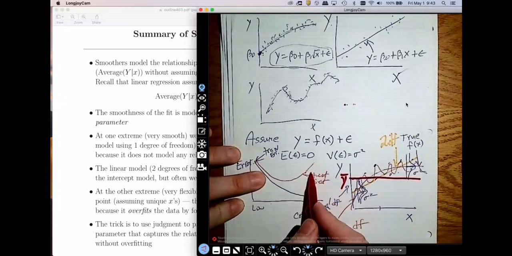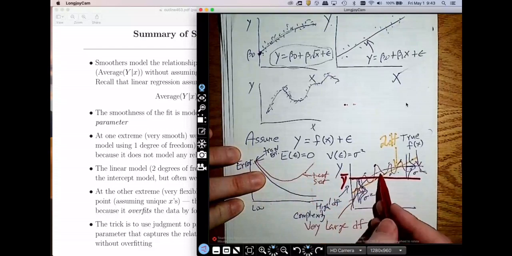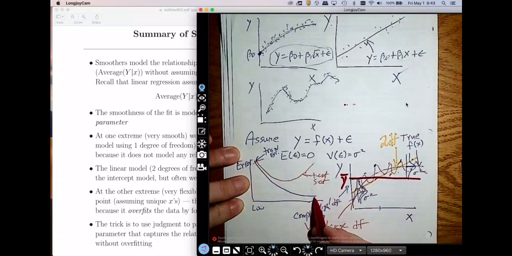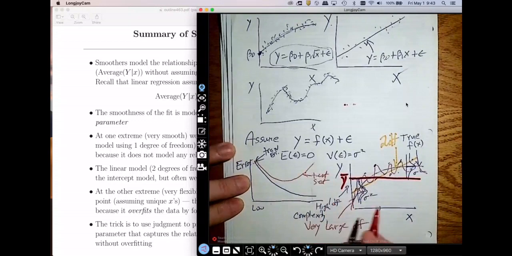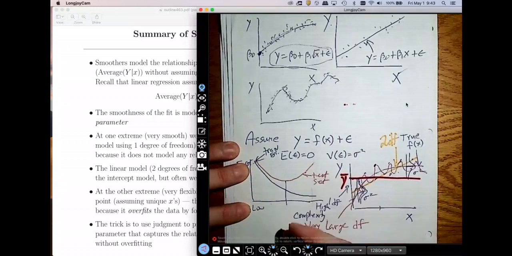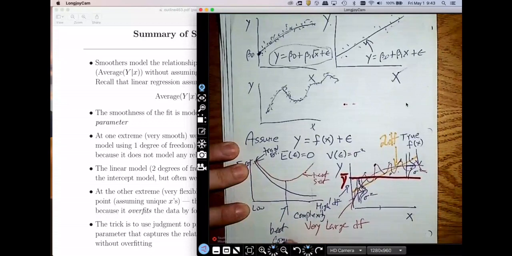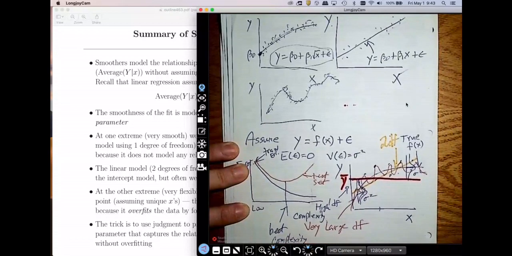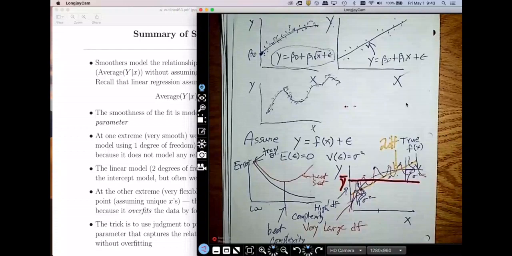Here is your red pen fit, the one that wiggles all over the place, where my training set error is great, but my test set error stinks. And what I'm really trying to do is get about here. And so this is the best complexity. So that's the goal.